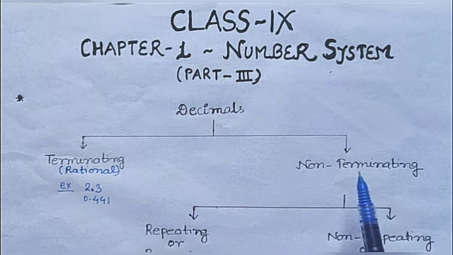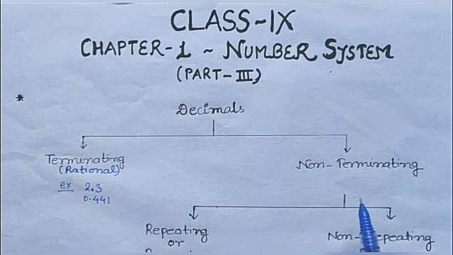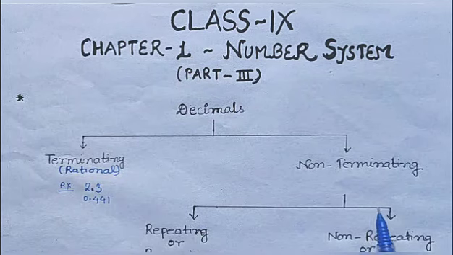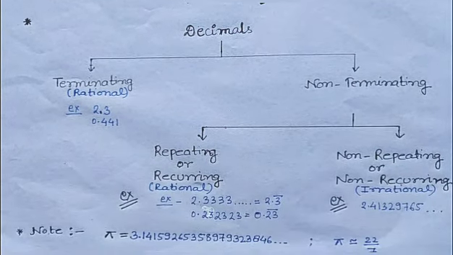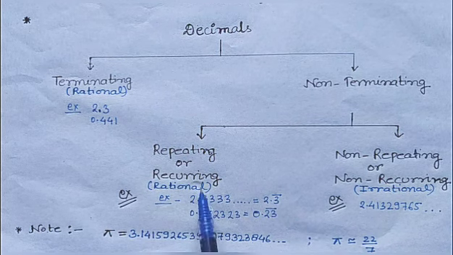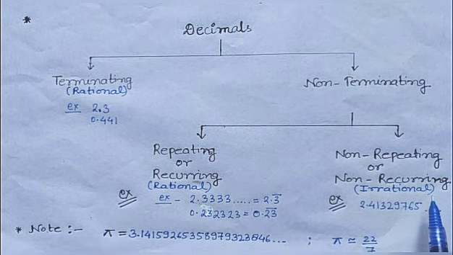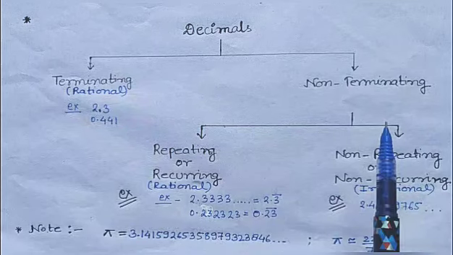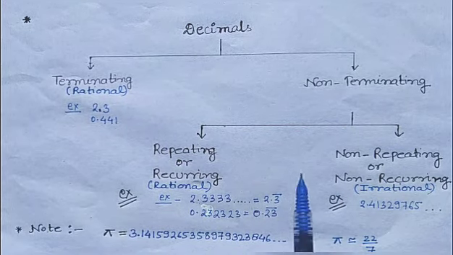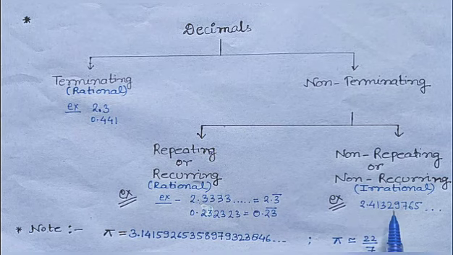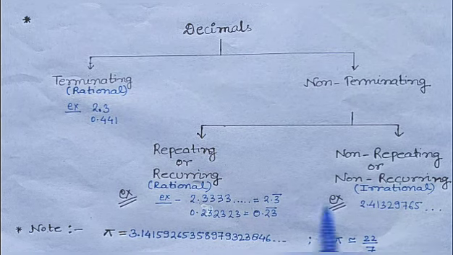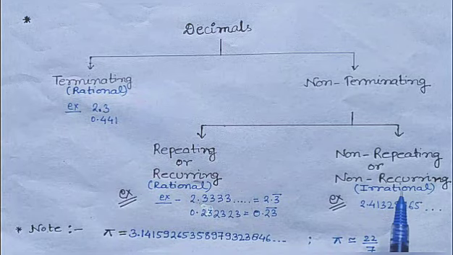In non-terminating, the numbers which are not getting terminated after the decimal point are known as non-terminating. Non-terminating can be divided into two parts: repeating or recurring, and non-repeating or non-recurring. Firstly, these types of decimal are non-terminating, means they will not be terminated, like 2.33333, and here it is 2.413299765. What is the difference between these two? Repeating or non-repeating.